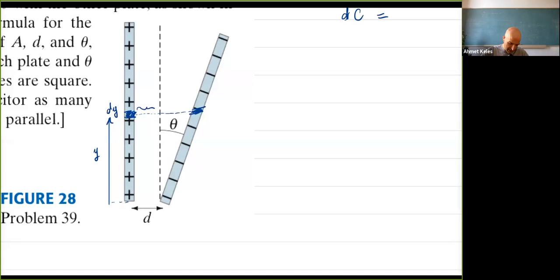So this guy is given D. So this guy, I need to find something for this. And I can write it in terms of theta. So this guy, I know y. So I can use tangent theta is equal to this question mark divided by y. Then this question mark is equal to y times tangent theta. And also let's do this small angle approximation, y times theta.